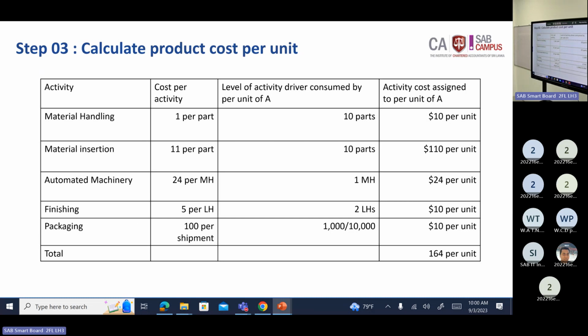So altogether it is 164 total manufacturing overhead absorbed under activity based costing.